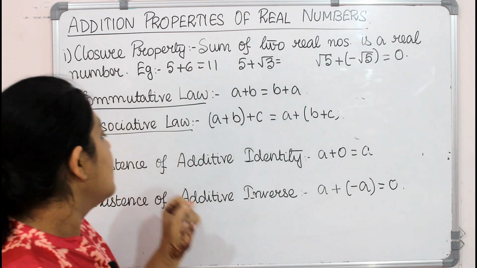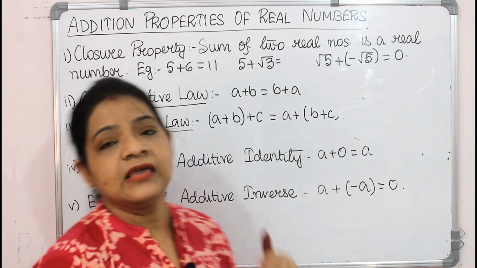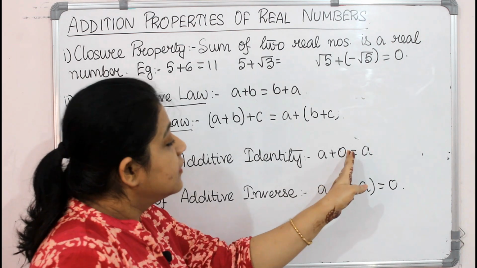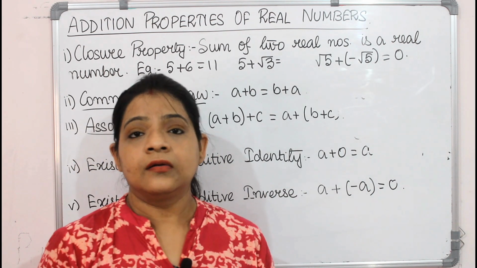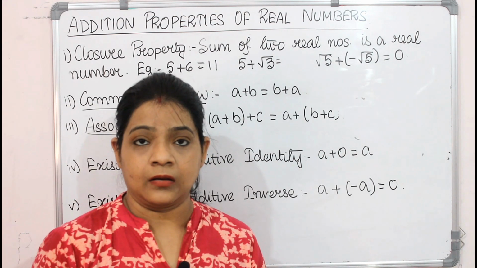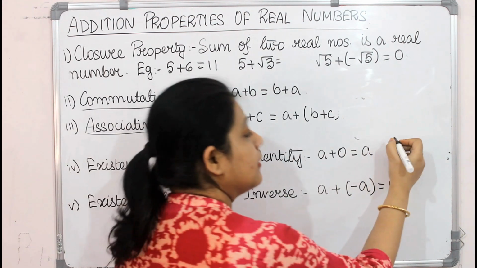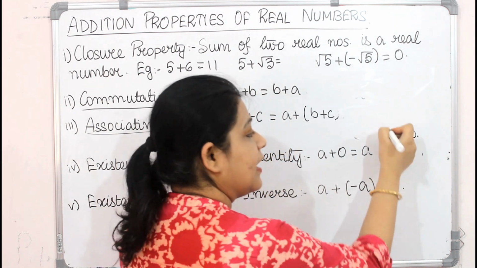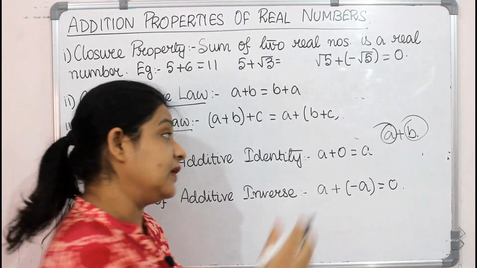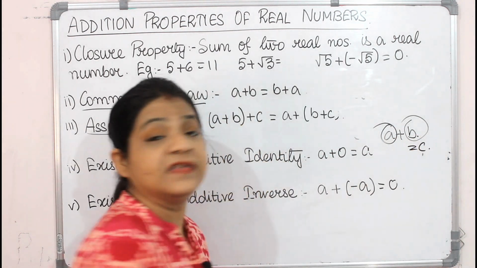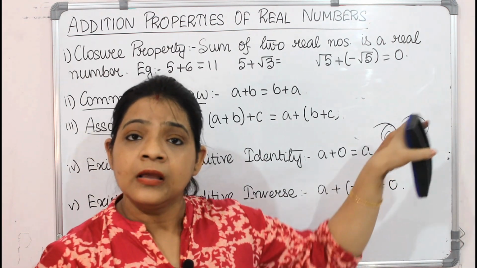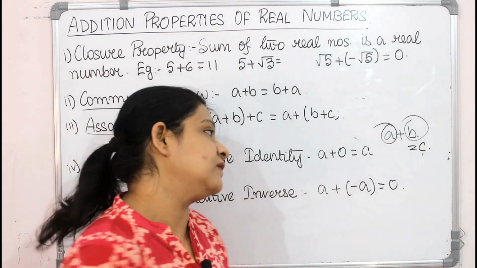So here, suppose a is a real number. When you add 0 with the real number, it will again give you a real number. Suppose I add a plus b, a is a real number, along with this I am adding another number b, it will always give you c, if b is a non-zero number.